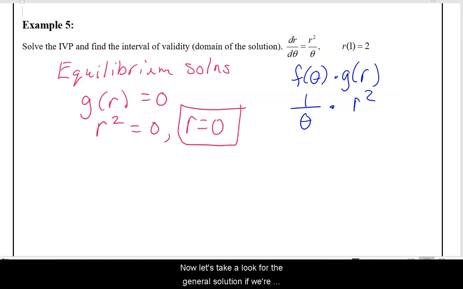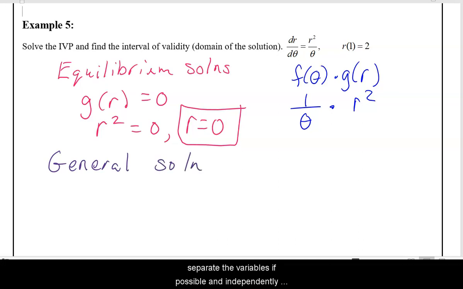Now let's take a look for the general solution. If we're going to look for the general solution, then I need to separate the variables if possible and independently take the antiderivative of both sides of the equation. Looking at the equation, that means r squared needs to go left to join the differential dr, and theta can stay where it is, while the differential d theta needs to move to the right to join it.